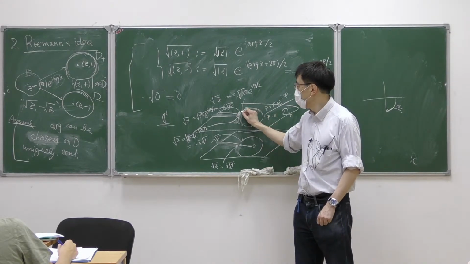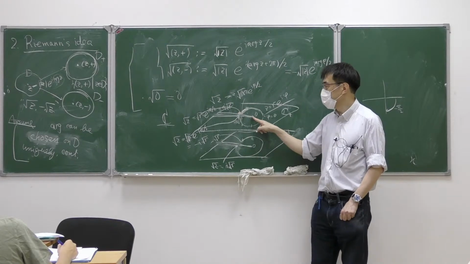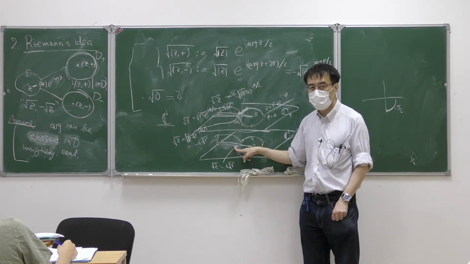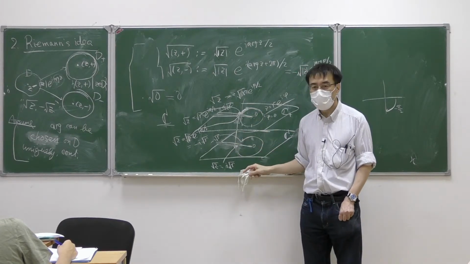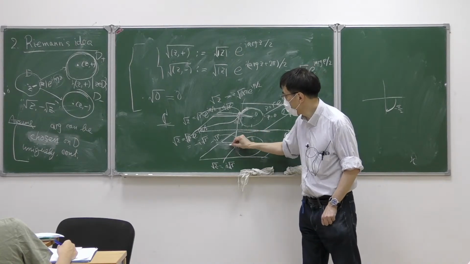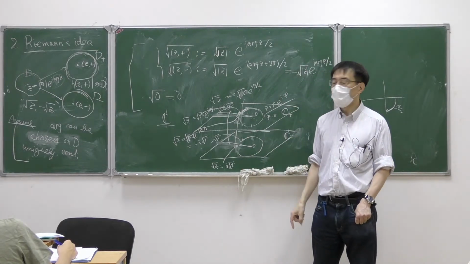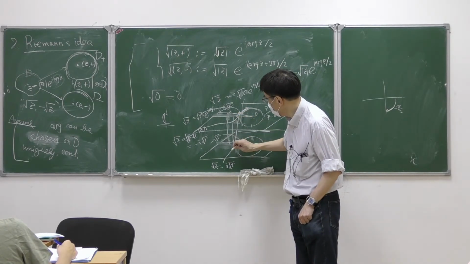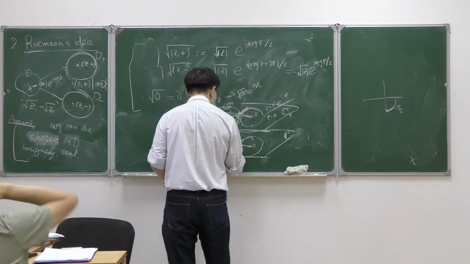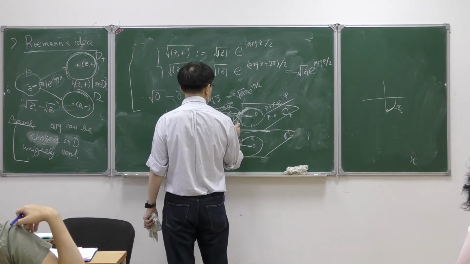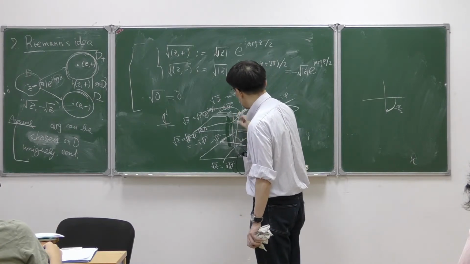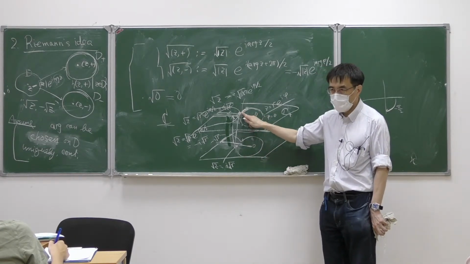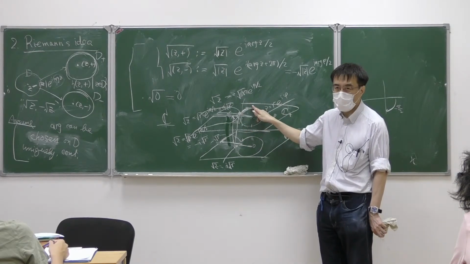Therefore if we cross this line and jump to this point, or contrary, if we come here, then we go to here, then the square root becomes a continuous function of phi.